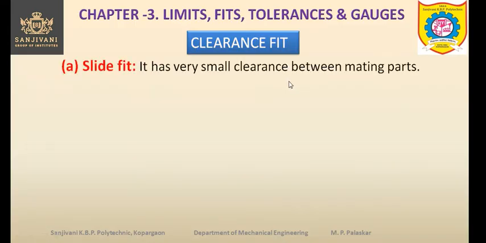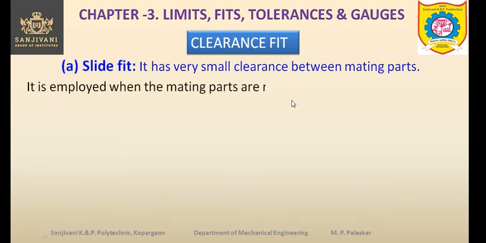Now the types of clearance fit. Slide fit has a very small clearance between the mating parts. It is employed when the mating parts are required to move slowly relative to each other. When the relative motion required between the mating parts is very slow, then we go for the slide fit, where a very small clearance is present.